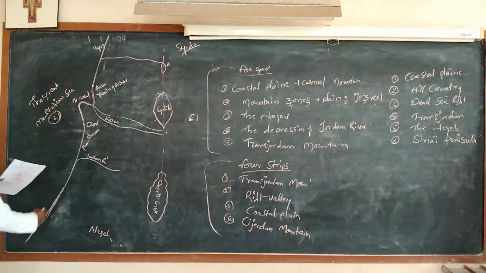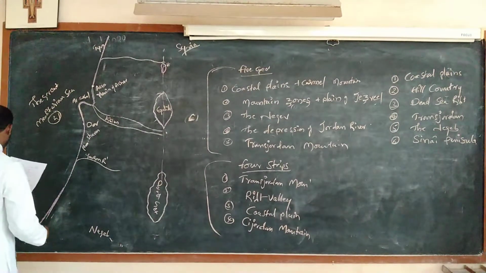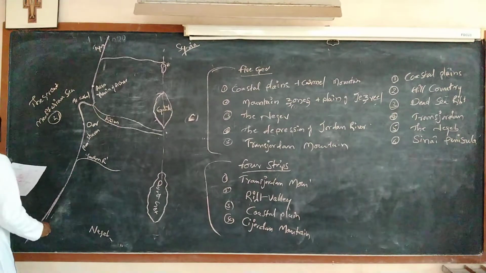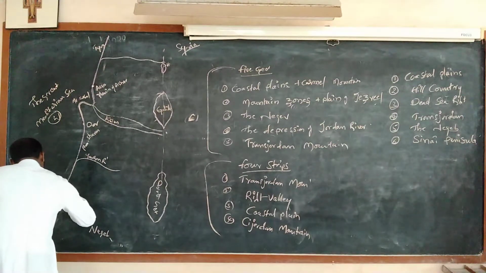Then southern part of Yarkon River is the Philistia.